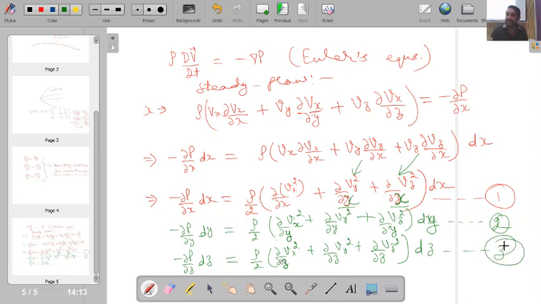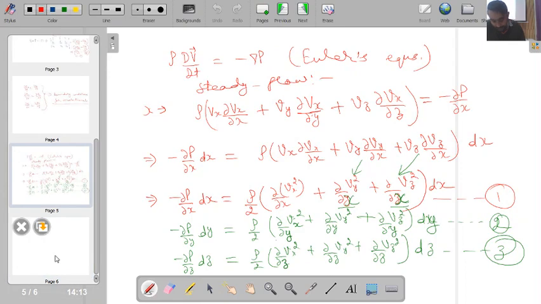Now if I add these three equations and take the minus sign on the right hand side, what will I get?